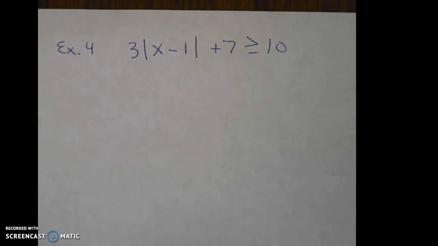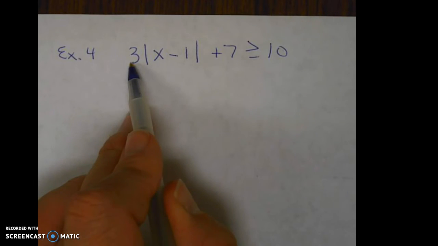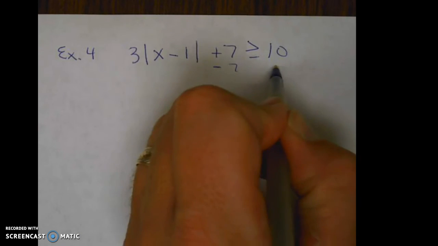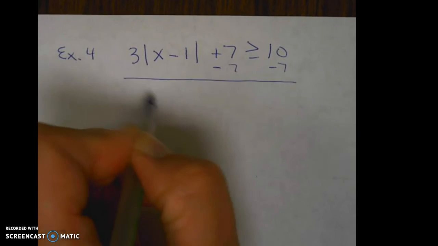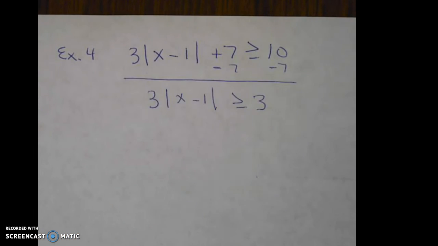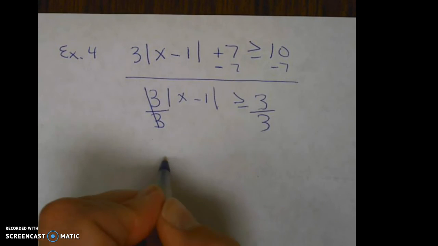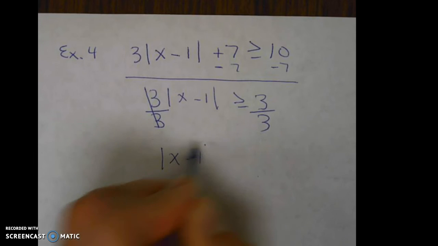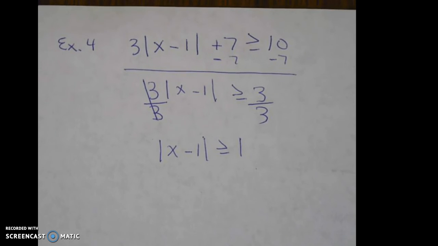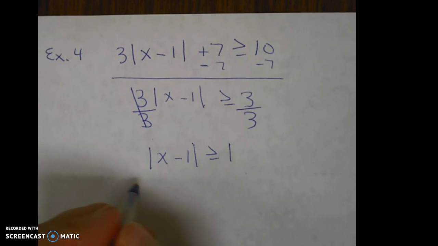Okay, let's take a look at this one quickly. So again, we have some numbers that we need to undo or cancel. Of course, we're going to start by undoing adding. Then we're going to undo multiplying. And then we're going to go ahead and break this into two inequalities.